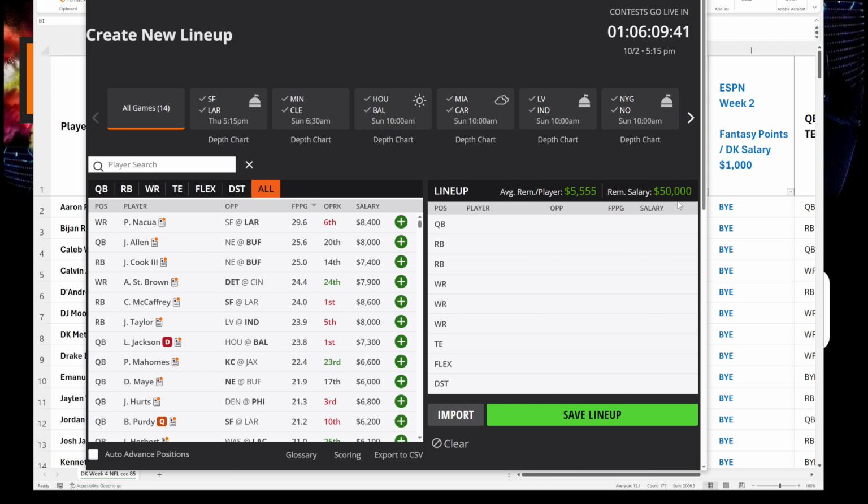So it's like a return on investment. If I give you $5,000 salary, I'd rather have someone that's going to give me 20 fantasy points instead of 10 fantasy points. And that's where these ratios come into play. So you're basically looking for value. So you have total fantasy point production, and then you have a value ratio, which is fantasy points divided by the salary.